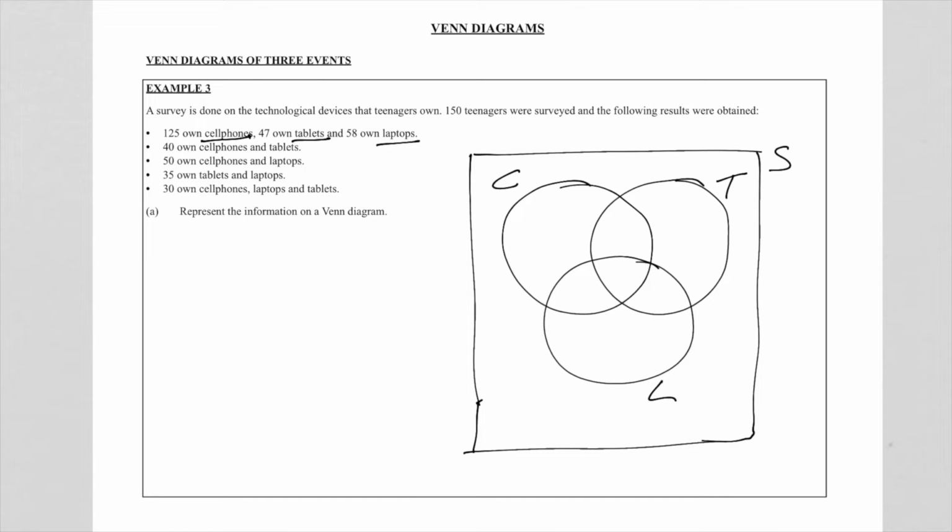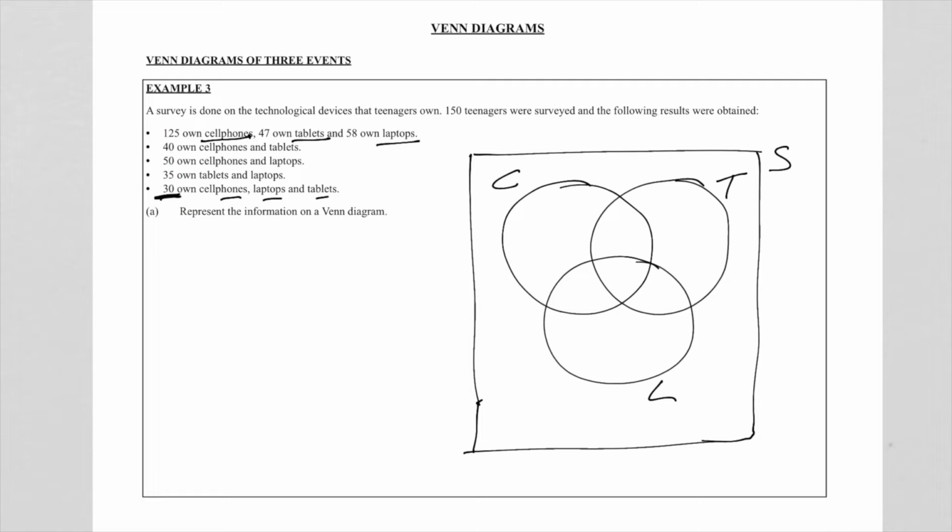So let's see. When you look at this list, you will see that this 30 own cell phones, laptops, and tablets. So that is the one that we will put in the middle. So take note that we not necessarily follow this information from top down.